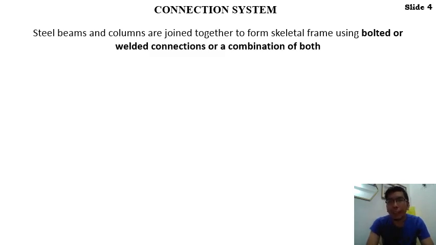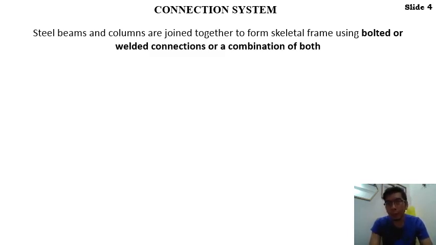In deciding which type of connection system is suitable to be applied, we look at the structural frame construction system. So we are looking at the type and design of the building itself before we can determine which connection system is suitable for our project.